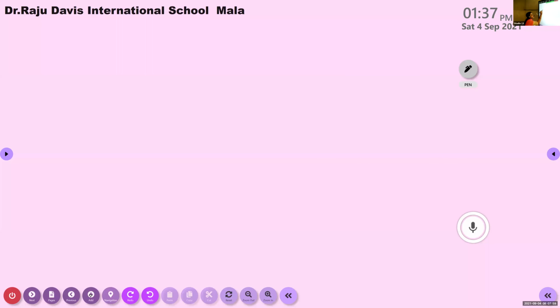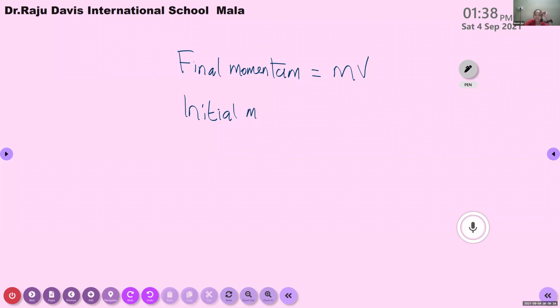Now, we know that momentum P is the product of mass and velocity. The final momentum is the product of mass and final velocity, that is m into V. Similarly, what is our initial momentum? m into u.